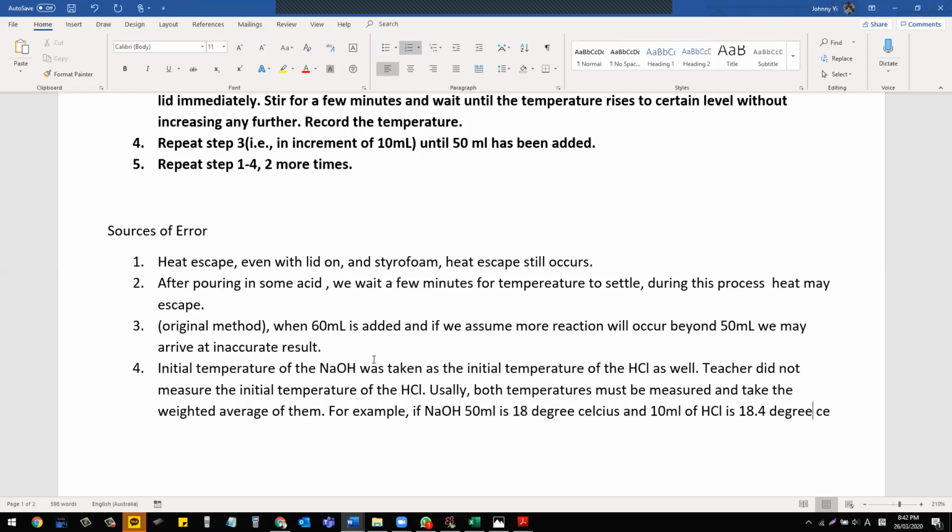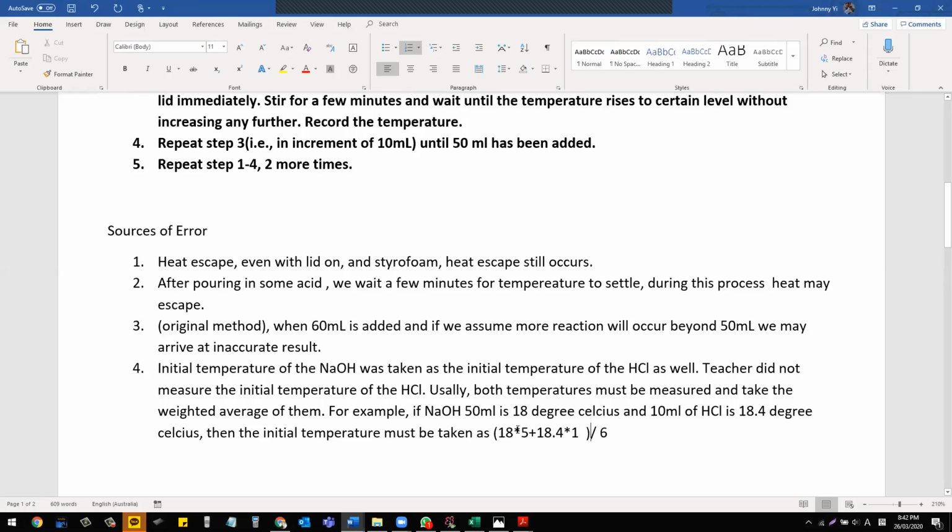Then the initial temperature must be taken as, this is a 5 to 1 ratio, so 18 times 5 plus 18.4 times 1, and divide this whole thing by 6. Why 6? Because it's 50 mL, 10 mL, so the total is 60 mL, right?